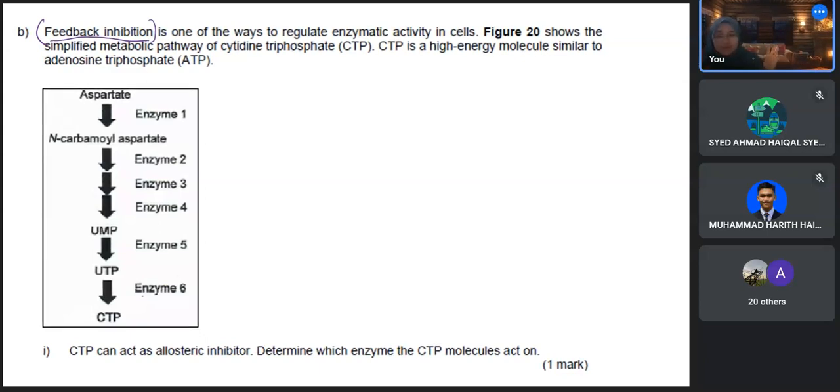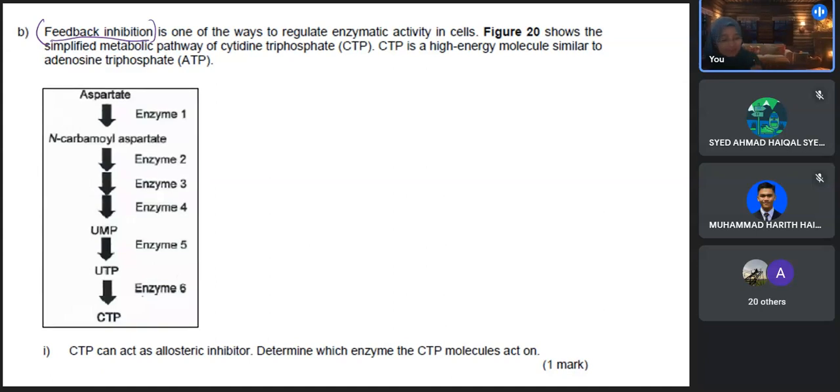Through the concept of feedback inhibition, the end product becomes the inhibitor of the first enzyme of the reaction. The purpose is to stop wastage of chemical resources in the cell. So when the cell has produced enough of a certain molecule at a certain time, it will stop production of that molecule for a while to let the cell use that molecule.